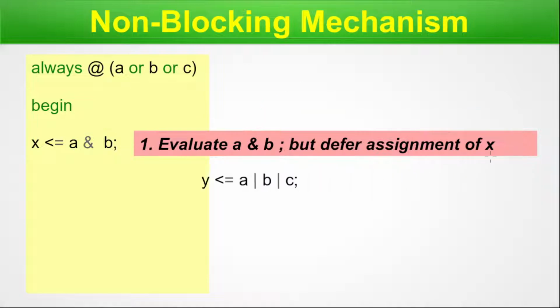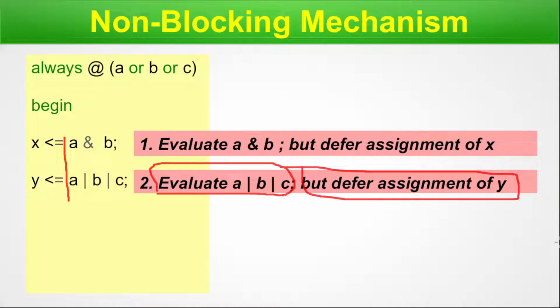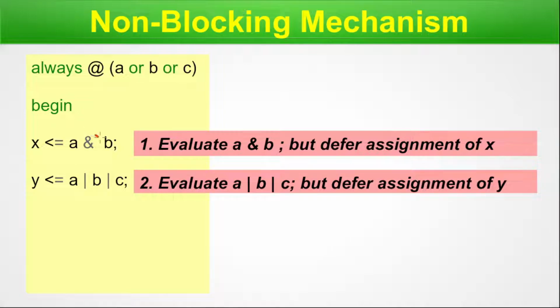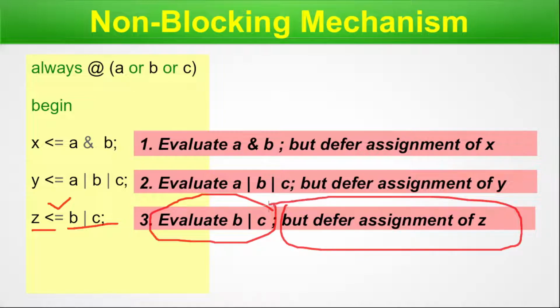We'll come back to it later. Next, evaluate A or B or C, but defer the assignment of Y. That means halt here at this boundary. Up to these two, this has been evaluated, this has been evaluated, but halting here. Next, we have B or C, which is assigned to Z by the non-blocking. So B or C is evaluated, but the assignment to Z is deferred.